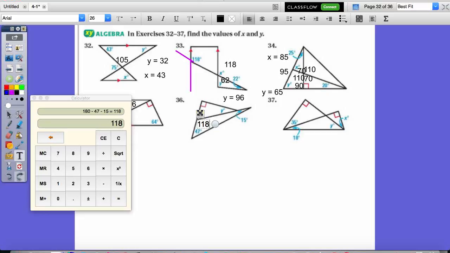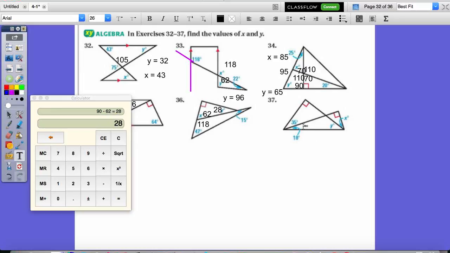So if this is 118, then x is a linear pair to it. So 180 minus 118 is 62. X and Y are going to add up to 90 because then plus the right angle equals 180. So 90 minus 62 is 28. So X is 62, Y is 28.